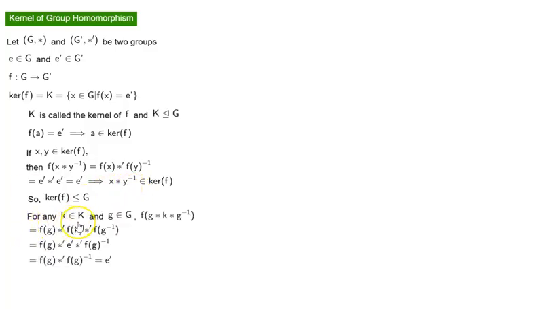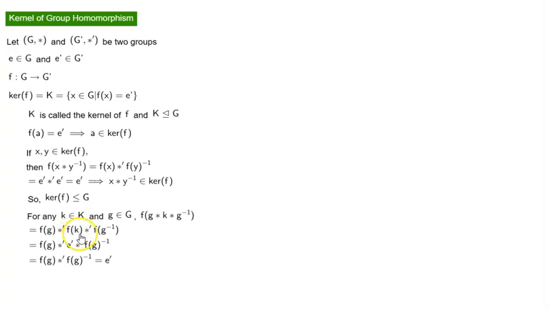Now, for any k in K and g in G, f of the conjugation of k with the element g is equal to f of g times f of k times f of g inverse. Here the operations are all from the second group. f of g remains as it is because it may or may not be in the kernel.